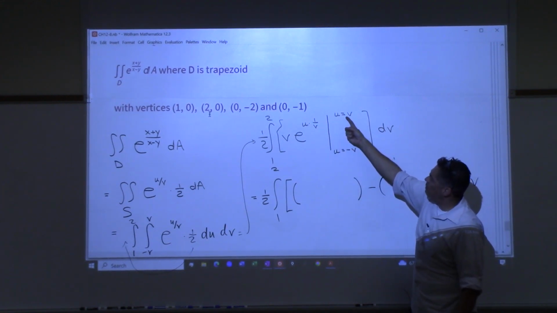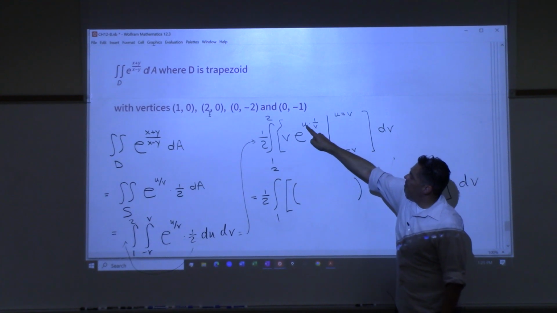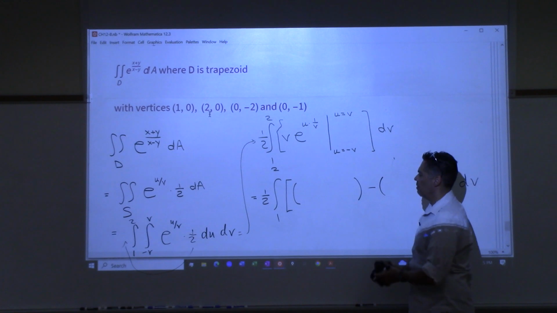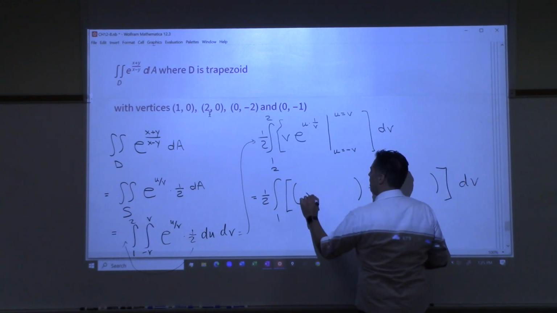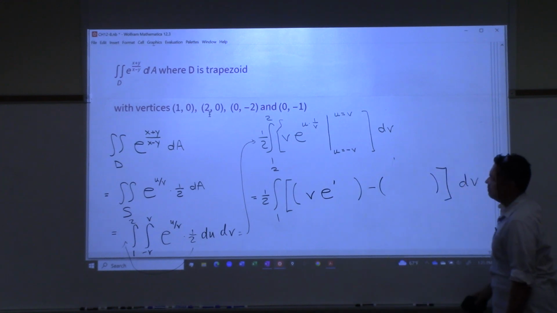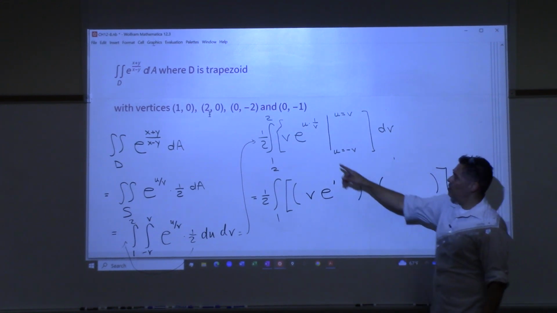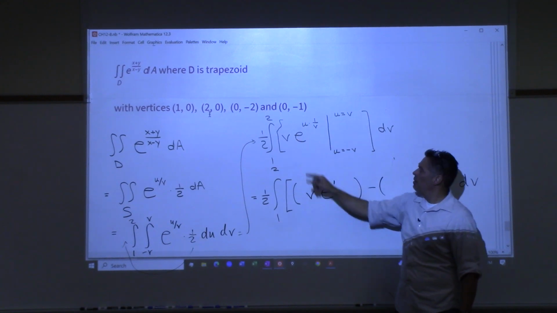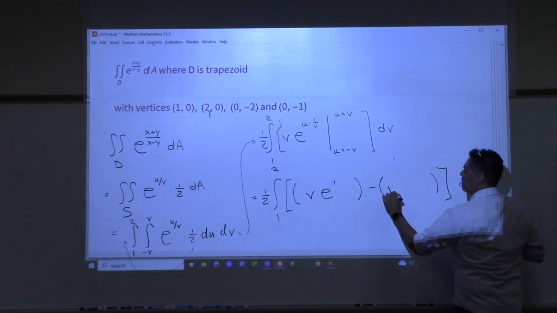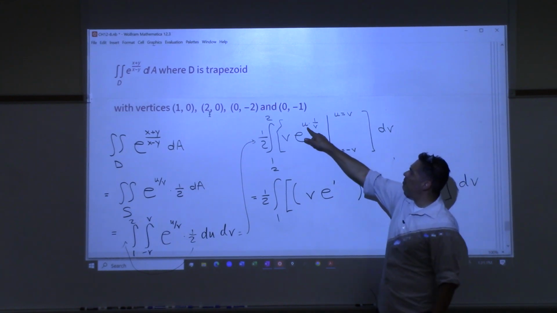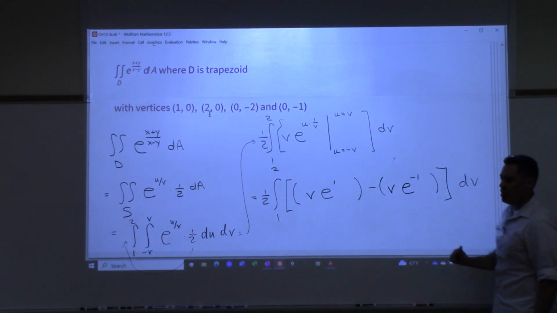So if u becomes v, that becomes a v, and then v times 1 over v, you reduce that, that's just e to the first power. So you have v in front, e to the first power. I'll put the 1 there. The only thing we're replacing is the u, right? The v's are not being replaced. And then the second one is v e to the negative 1, because when we put negative v right here, we get reduction and we get a negative 1.